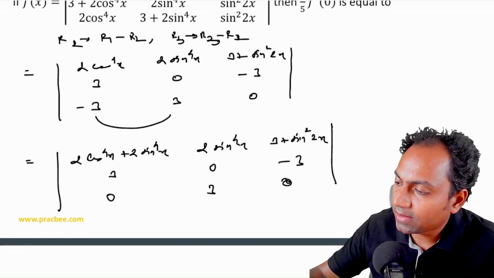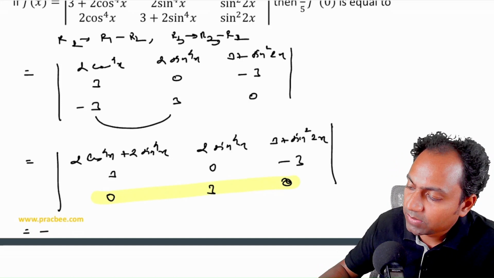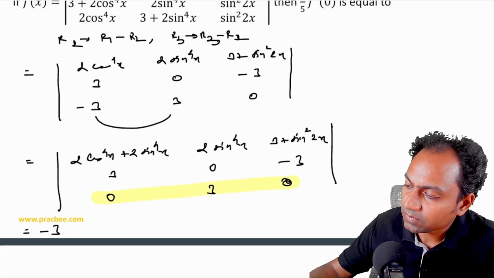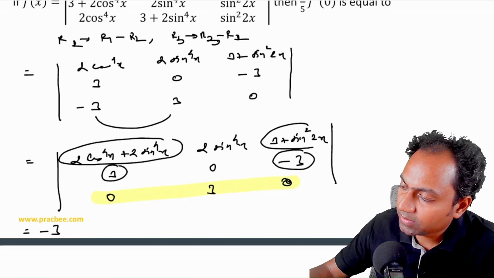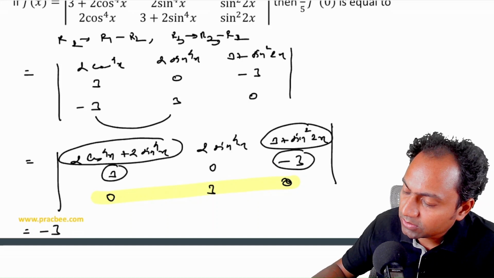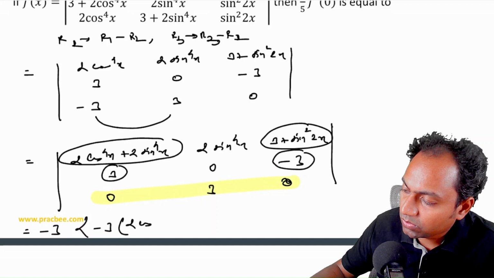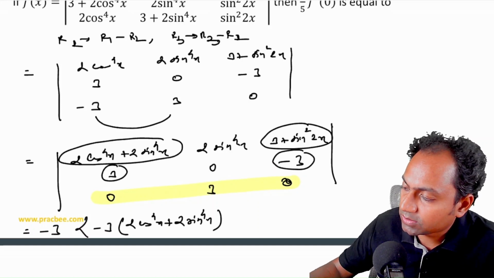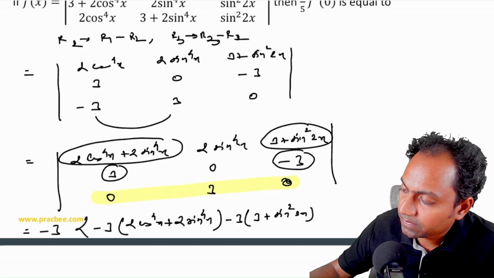You can expand along this third row that we have and you have got your answer. It becomes minus 3 times: this part you will multiply by this part, and this part we are going to multiply by this part. So your function is coming out to be very simple. This becomes minus 3 into (2 cos raised to the power 4x plus 2 sin raised to the power 4x) and minus 3 into (3 plus sine square 2x).